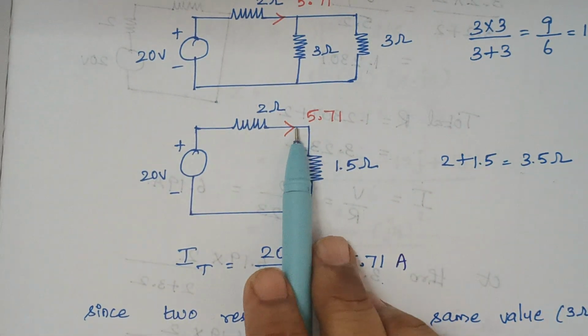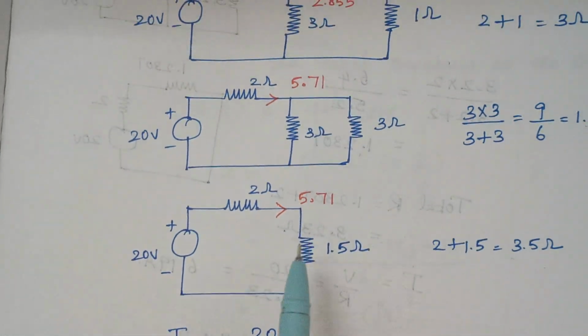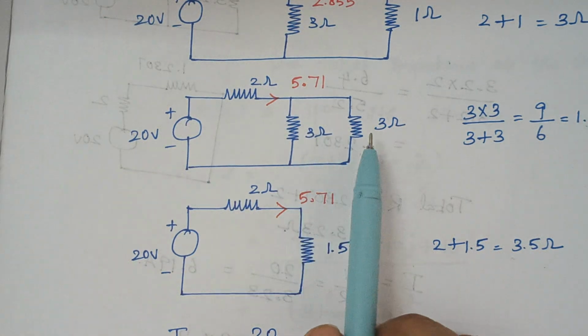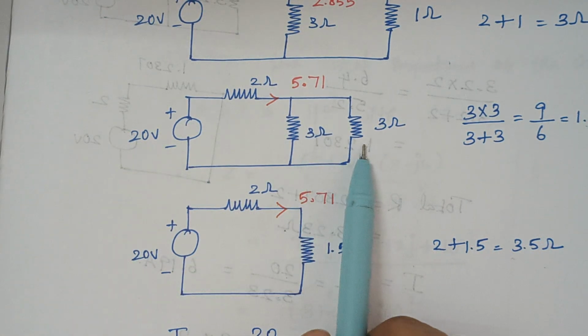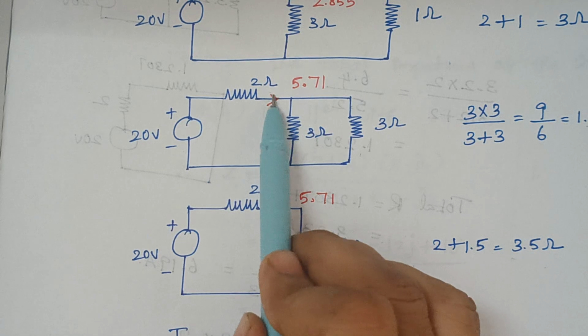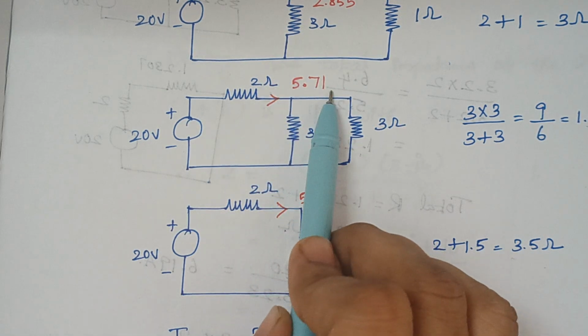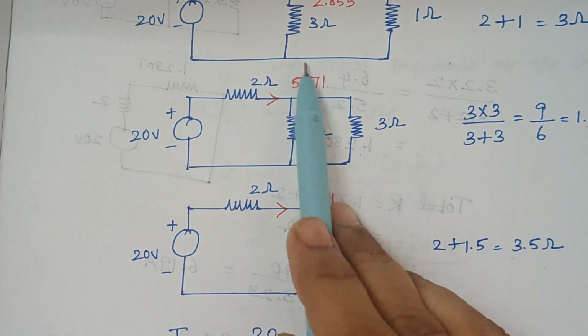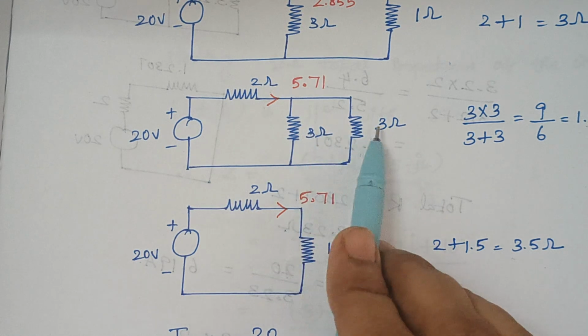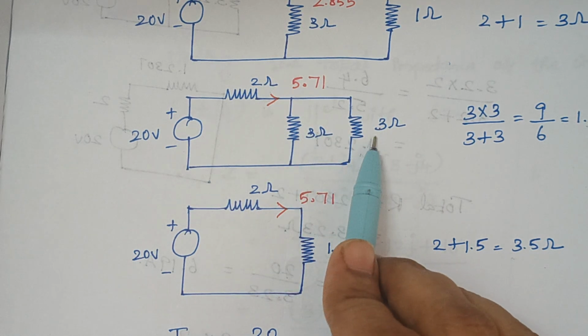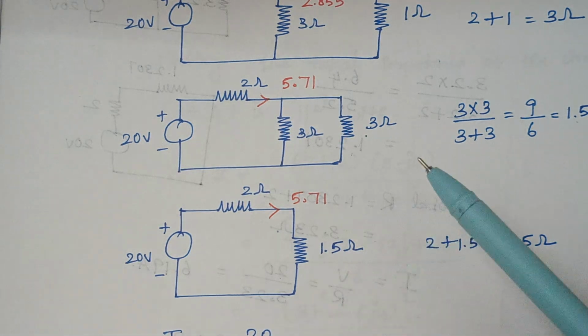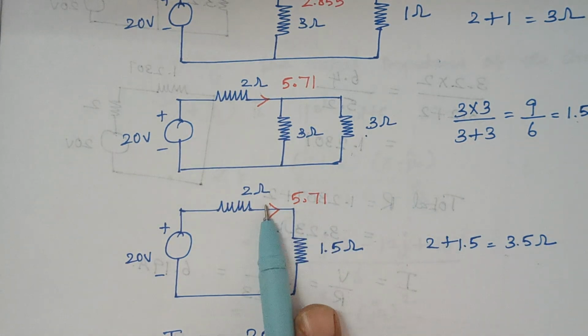Right. So here it is 5.71 again. Where comes this 1.5? It comes from these two 3 ohm resistor, right? So again here flows the 5.71. Now this current gets divided between these two resistors. Can you imagine? Because this is the current that flows through this 1.5.